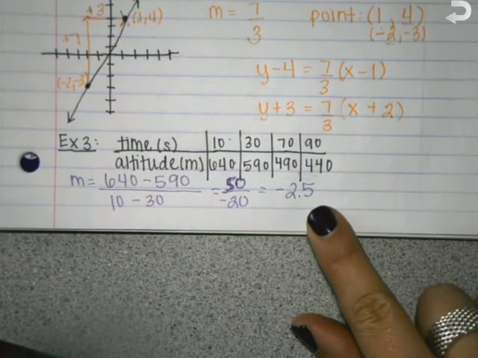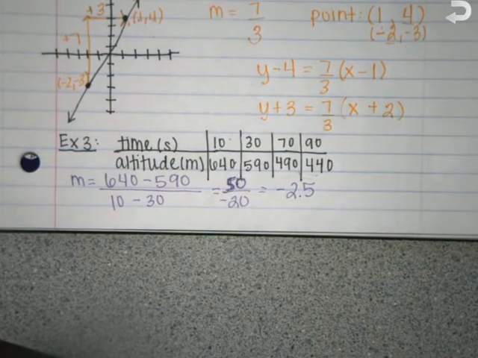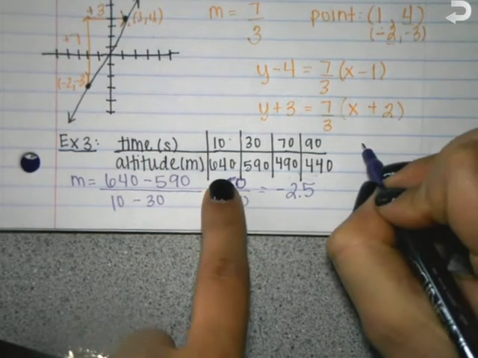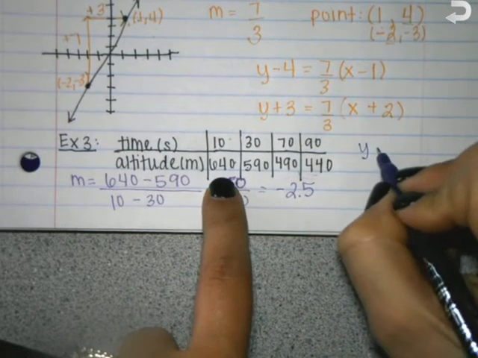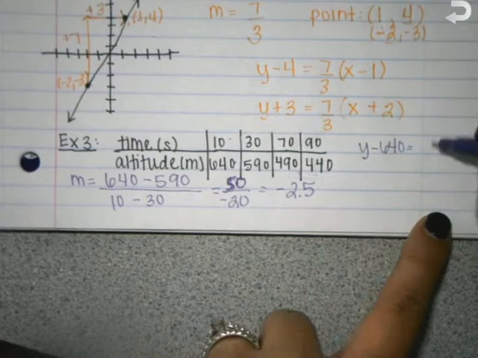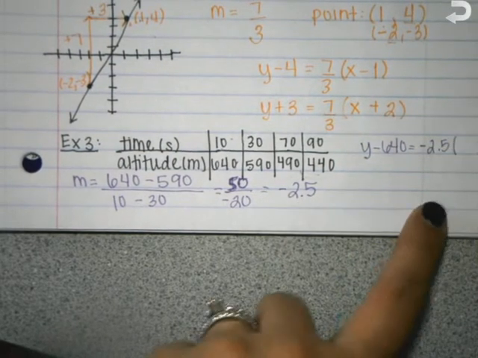Can I use this slope and then one of these points to write the equation of the line? Yes, I can. Which point do you want to use? 10, 640? Okay, I'm going to do my work off to the side. So that's going to be y minus 640 equals negative 2.5 times x minus 10.